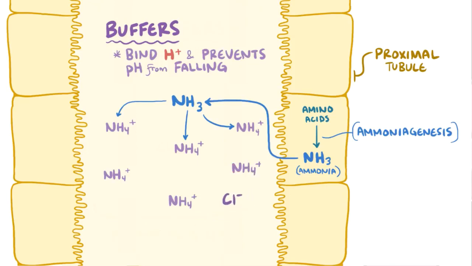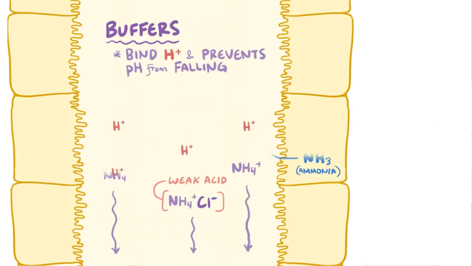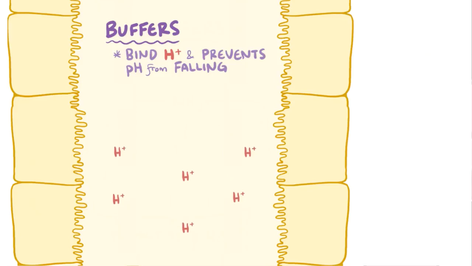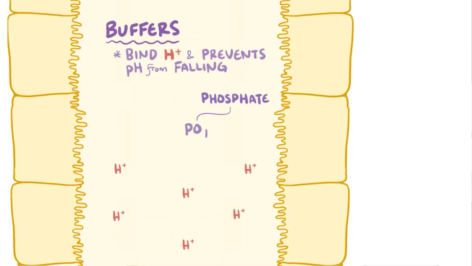Ammonium combines with chloride in the urine. And because ammonium chloride is only weakly acidic, the urine pH doesn't drop much, even though it has a lot of hydrogen ions. Most of this ammonium is lost in the urine, which helps the kidneys get rid of a large amount of hydrogen.